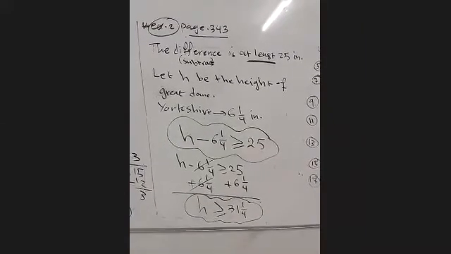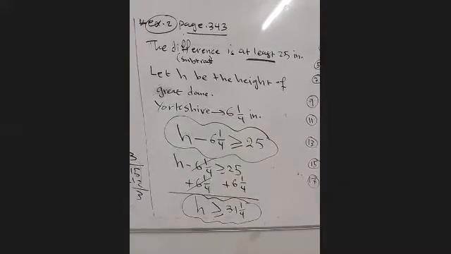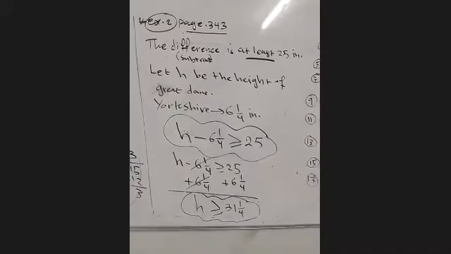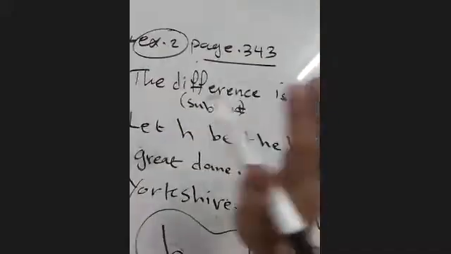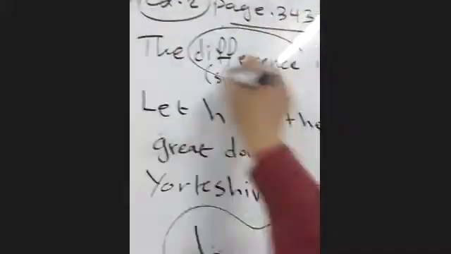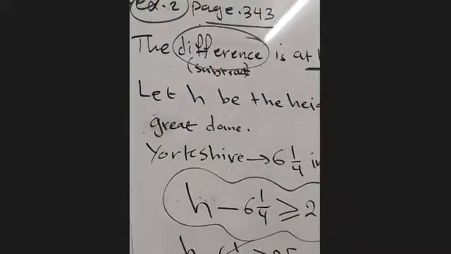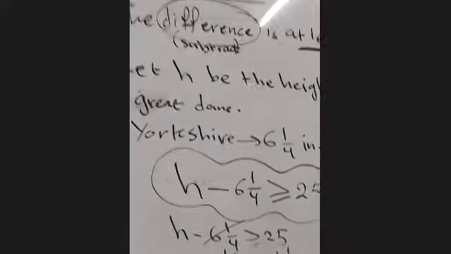How do you know whether to put a plus or minus beside the number and the variable? From the question. Everything here is the difference. What's the meaning of difference? Subtract.